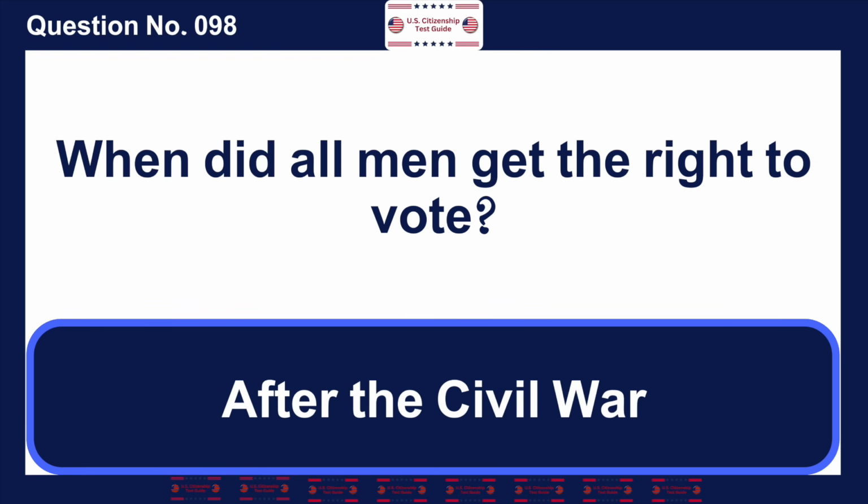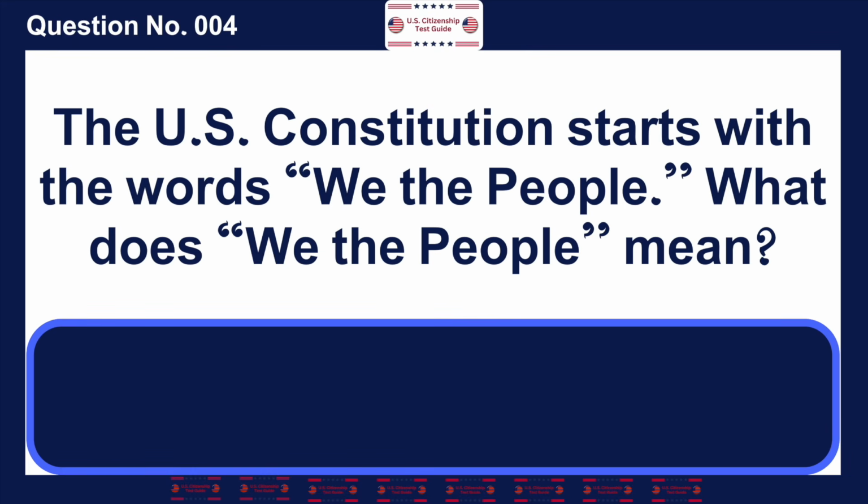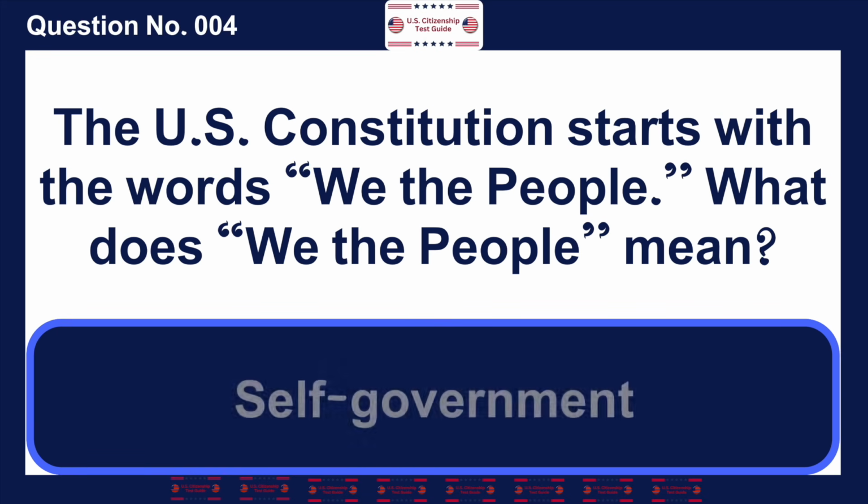After the Civil War. The U.S. Constitution starts with the words "We the people." What does "We the people" mean? Self-government.